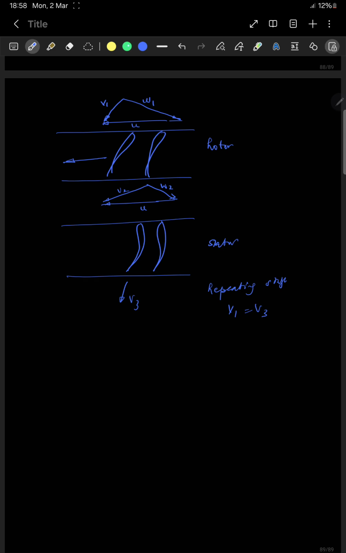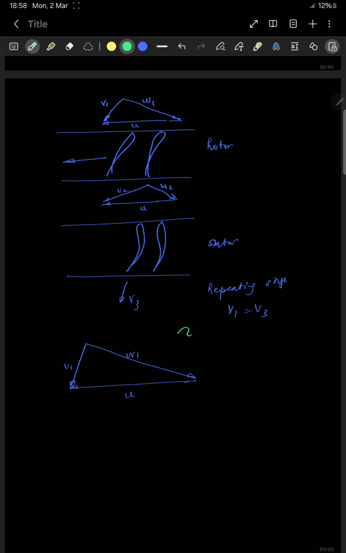So if we draw the two velocity triangles together, it will look something like this. This is one triangle where this is U, V1, W1.